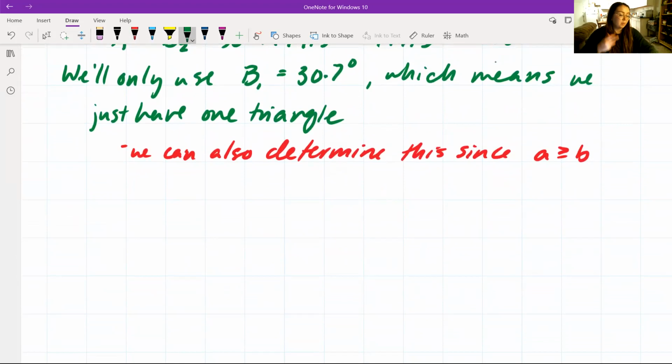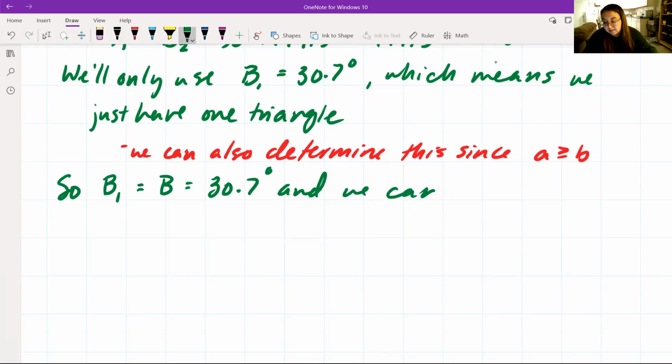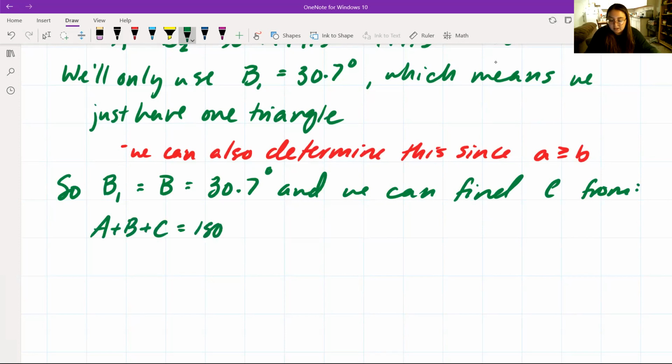Well, moving forward, we have our value of B1, which is now just going to be B. So B1 is equal to B, which is 30.7 degrees. And we can find capital C, once again, using our formula that A plus B plus C is equal to 180 degrees, where A is 50 degrees, B was 30.7 degrees, plus C is equal to 180 degrees.